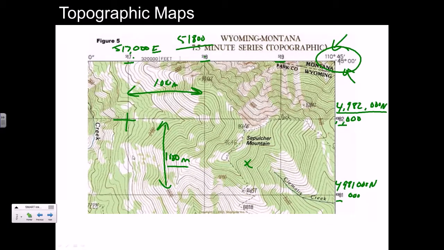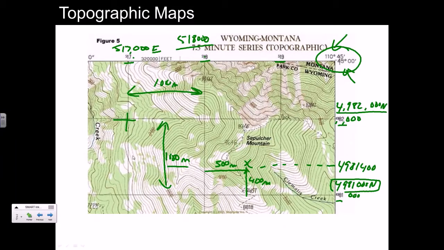Well, from this line to this point, what's that distance? We are going to measure it more precisely later, but it's about 500 meters. And then from this line, 4,981,000 meters, we're going to measure north. How long is that? It's probably somewhere around 400 meters. And so this X is at 4,981,400. We just took that 400 and added it into this value.